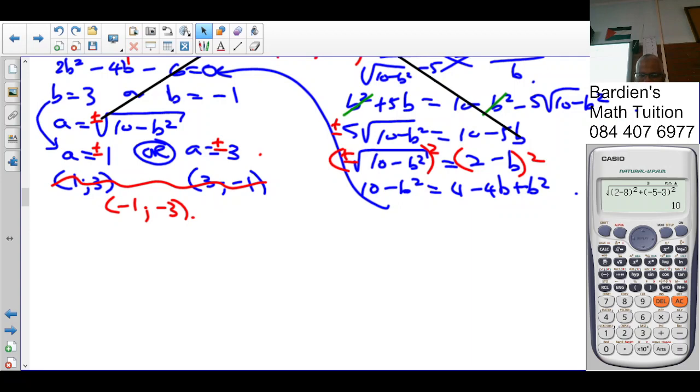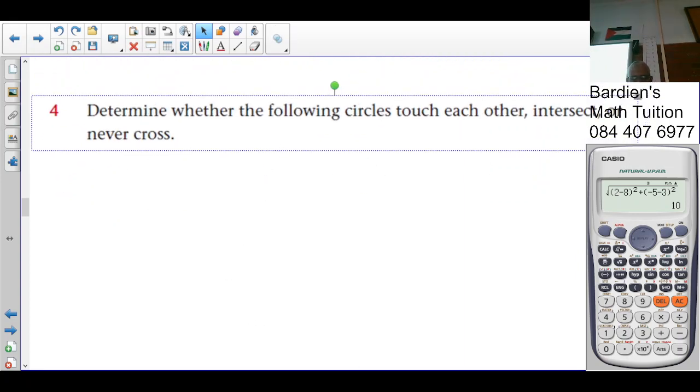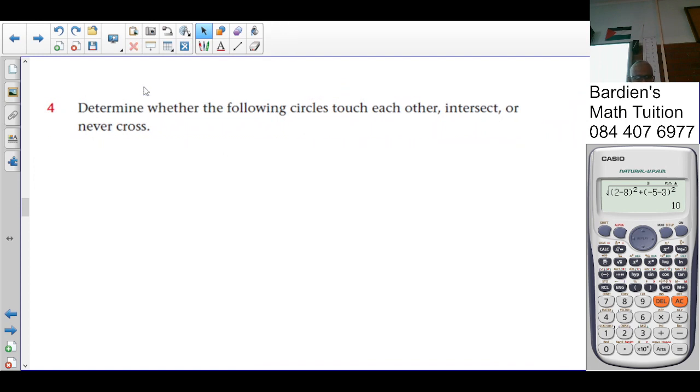Number 4? 4.3. Any other problems on number 4?